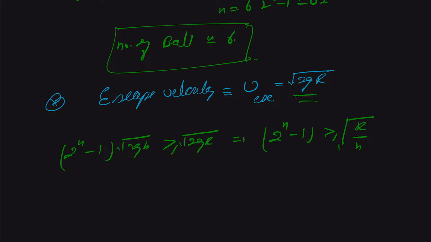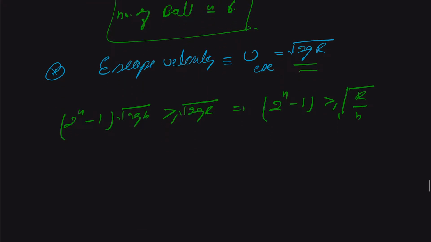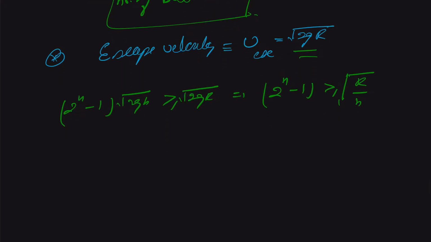And so we can approximate it for n also, and we can write that there will be a natural log of 2 and 1 goes on the other side, so we can say that the value of n approximately, but it will hold the greater than relationship, will be equal to log to the base 2 of square root of R upon h plus 1.